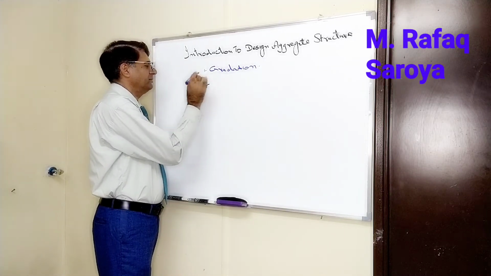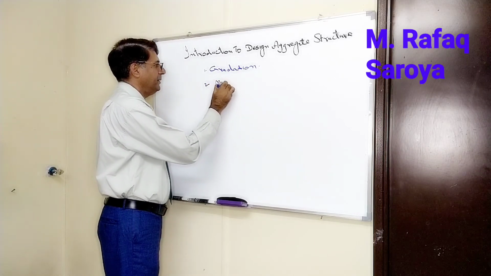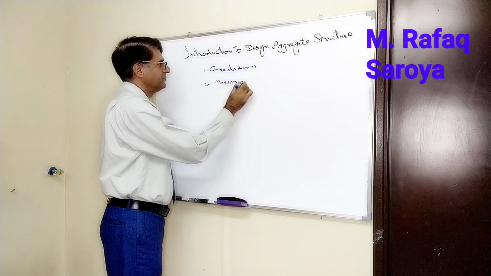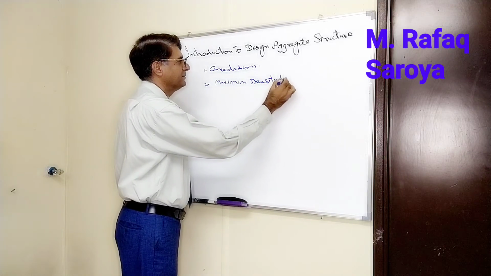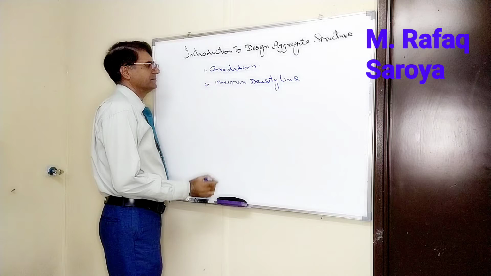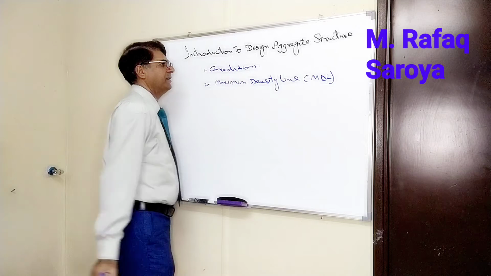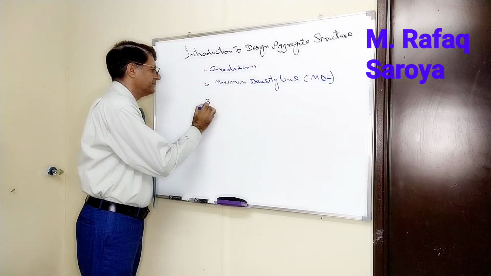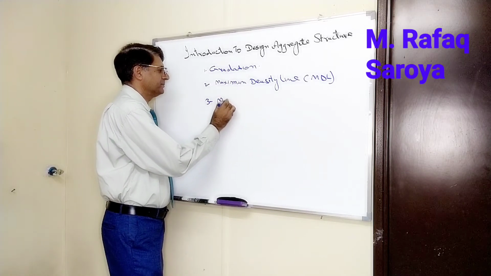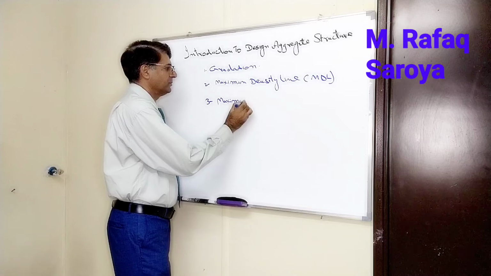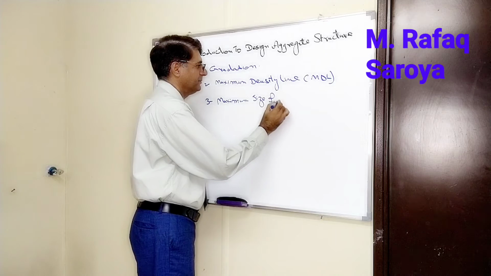After this gradation, we are going to define the maximum density line for the aggregate. Third one, maximum size of aggregate.